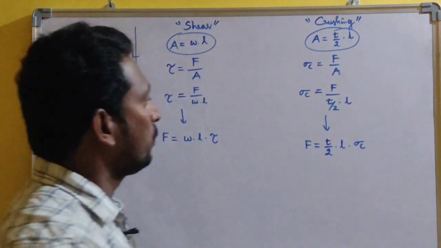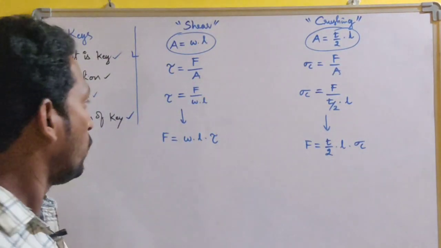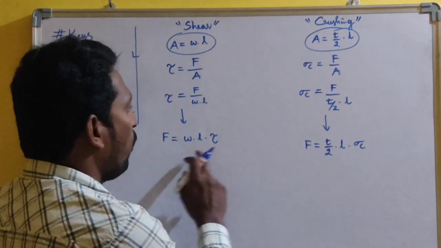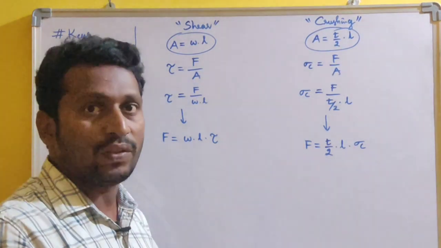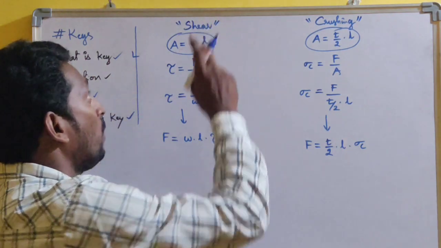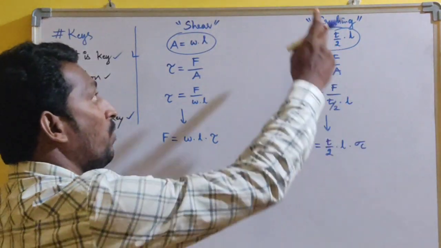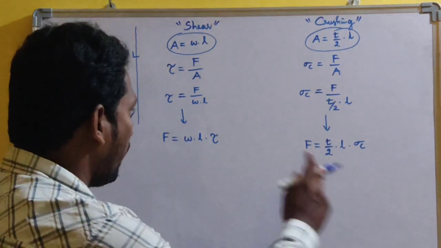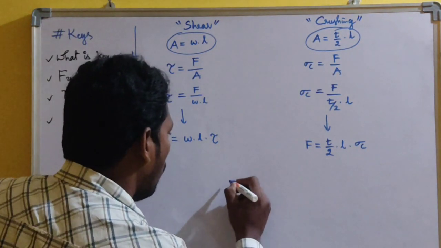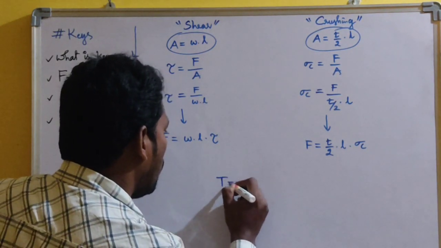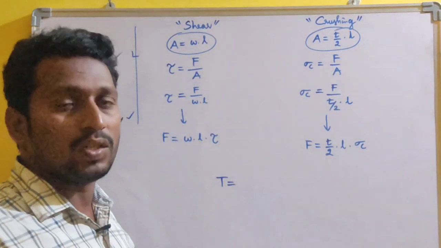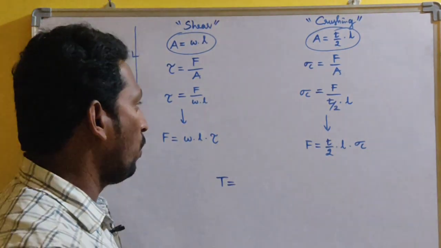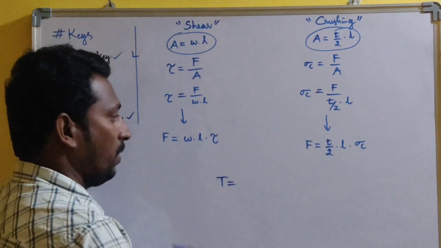So these are the two forces acting on the shaft, one based upon the shear criterion and another based upon the crushing criterion. Here I can write the equation for the twisting moment produced in the shaft due to the force F acting here.